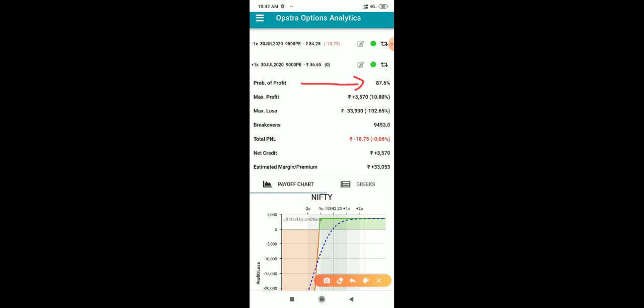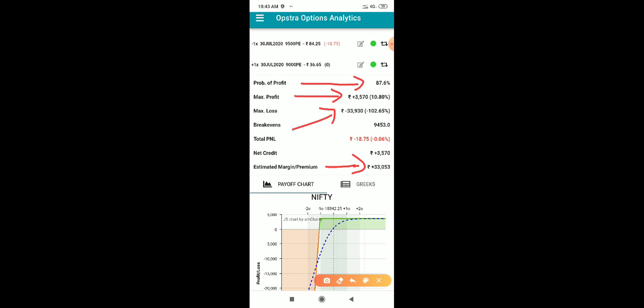Here it's almost 87%. For this strategy, margin required is only 33,000 and the profit it's giving for 1 month is 3,500 rupees. It's almost 10% of what we have invested.